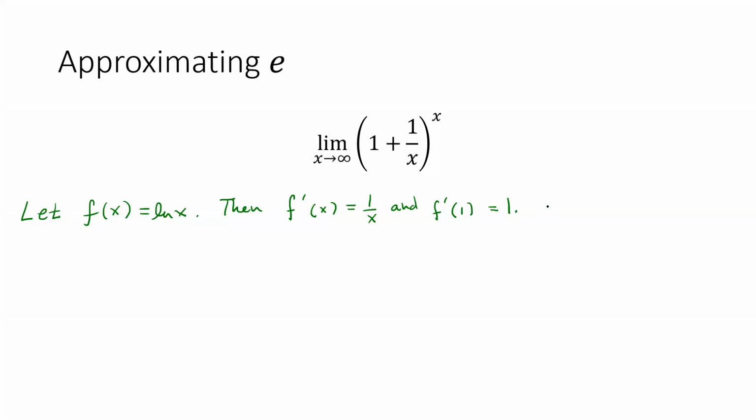On the other hand, we can express f prime of 1 as the limit as h approaches 0 of f of 1 plus h minus f of 1, over h.